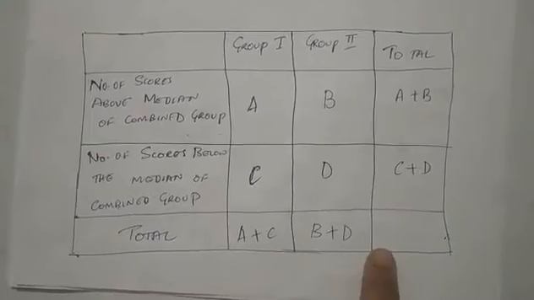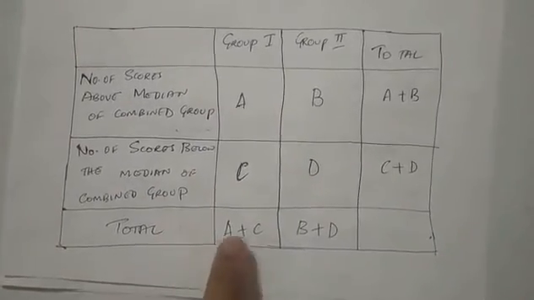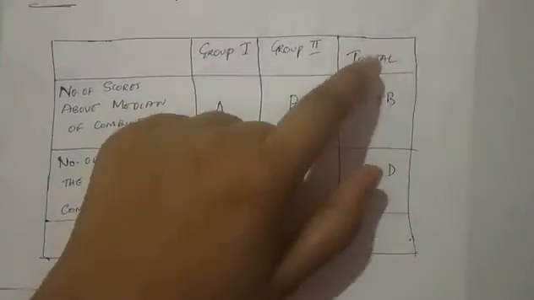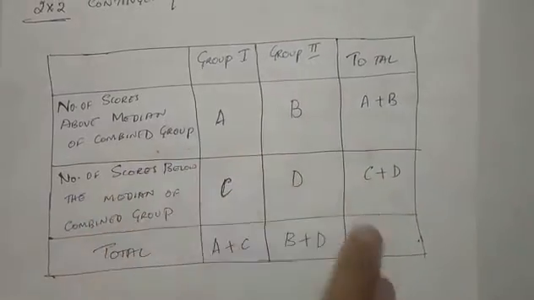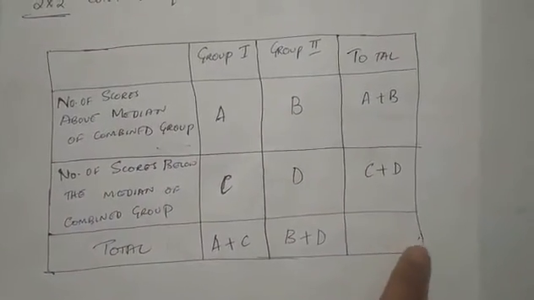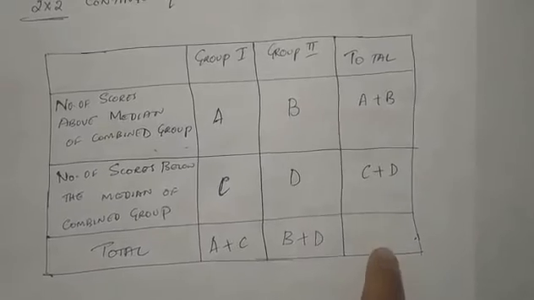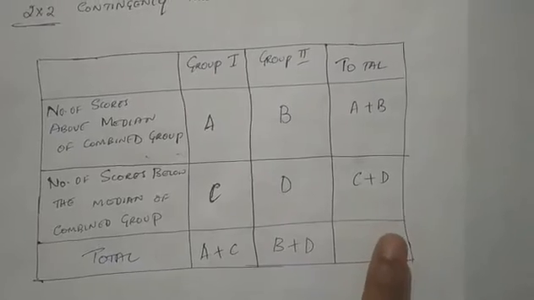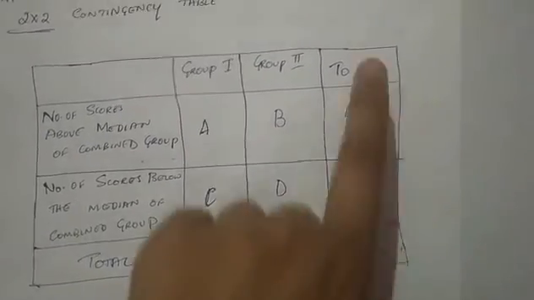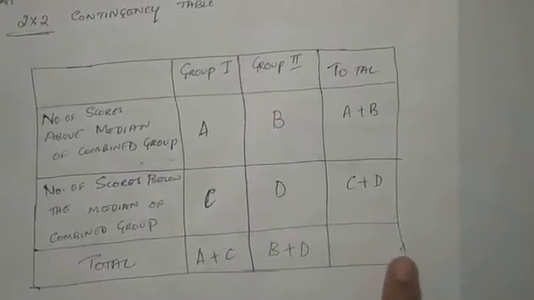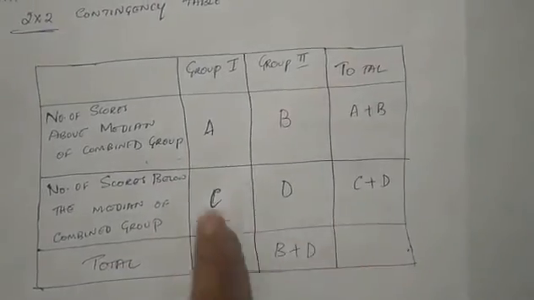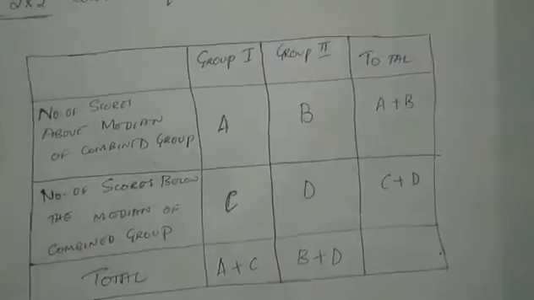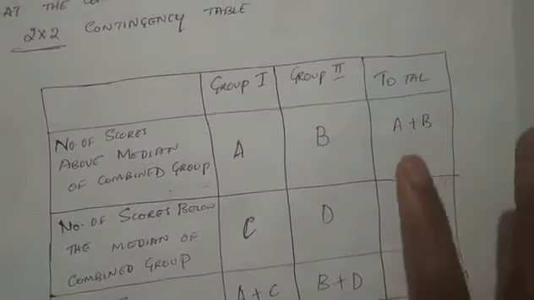If you make a mistake while adding this way and that way, you will get to know from the score at the corner. When you know the n and the total does not equal the n, then you have made some mistake in the table. So this is a cross check for whatever is written here.